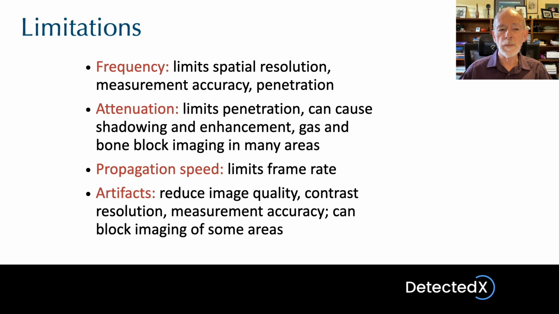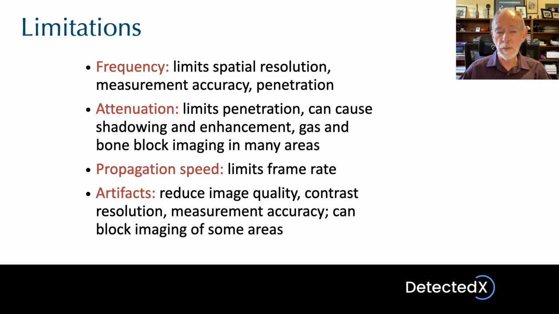And then finally, I've talked about image artifacts and the fact that they reduce image quality. Of course, they can also introduce uncertainty and confusion sometimes. Artifacts also limit the contrast resolution, and they also tend to degrade the accuracy of measurements. In addition, as I've said, artifacts can sometimes block imaging.